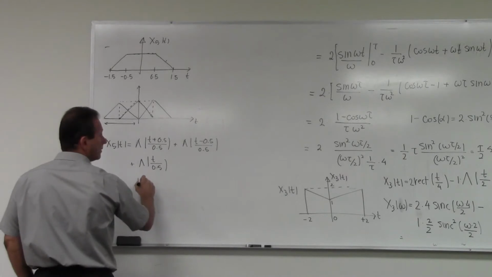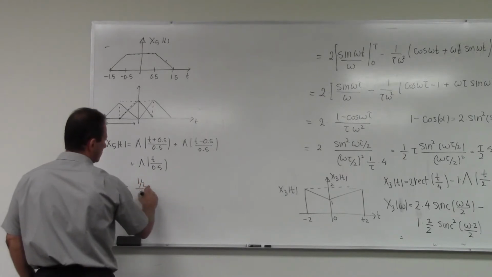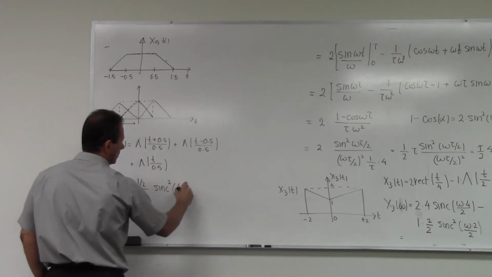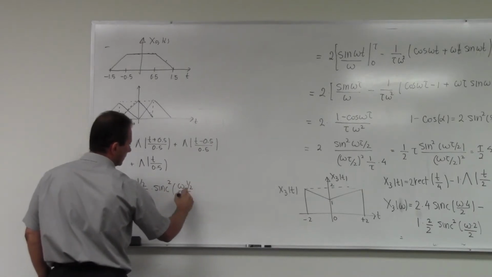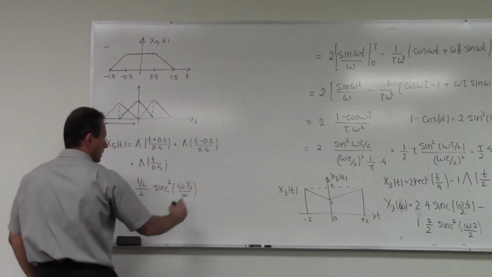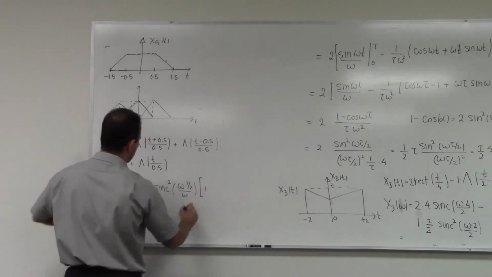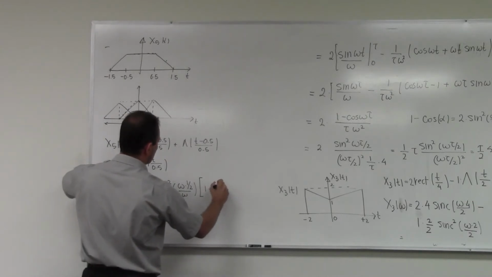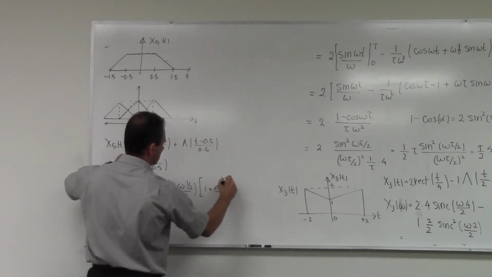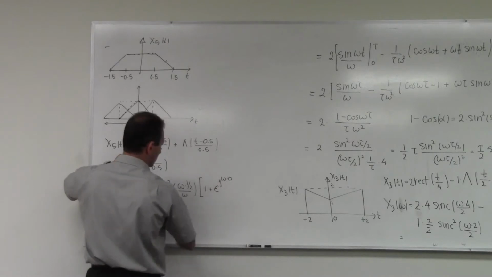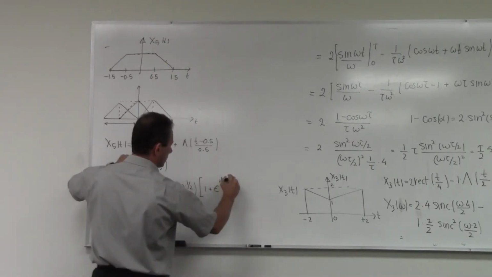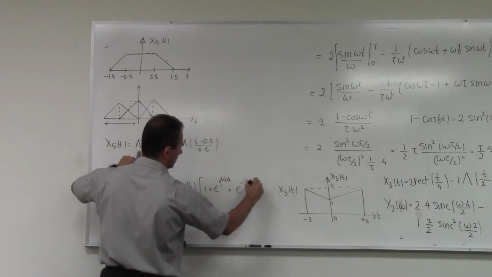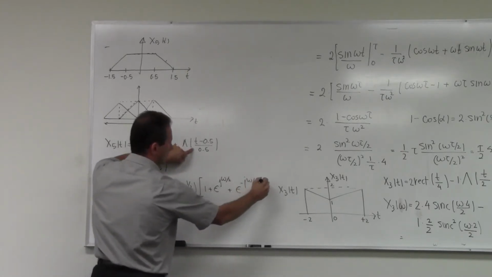So it's 1/2 divided by 2 sinc squared of omega times 1/2 divided by 2. And then I have 1 for this guy. I have plus e to the j omega times 0 over 2 for this one, and plus e to the minus j omega over 2 for this one, right?